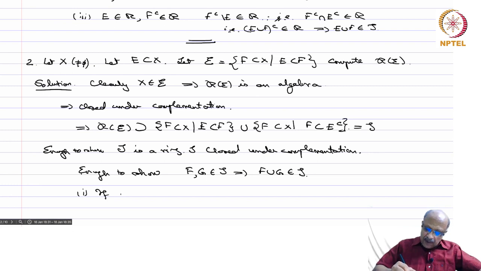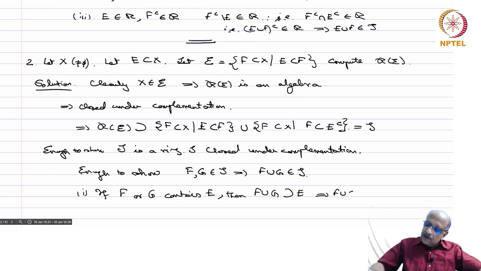If F or G contains E, then the union F union G contains E, implies F union G belongs to 𝓔, and therefore it is already in S. So we have to take the other case, where both of them do not contain E, so F and G are contained in E complement.